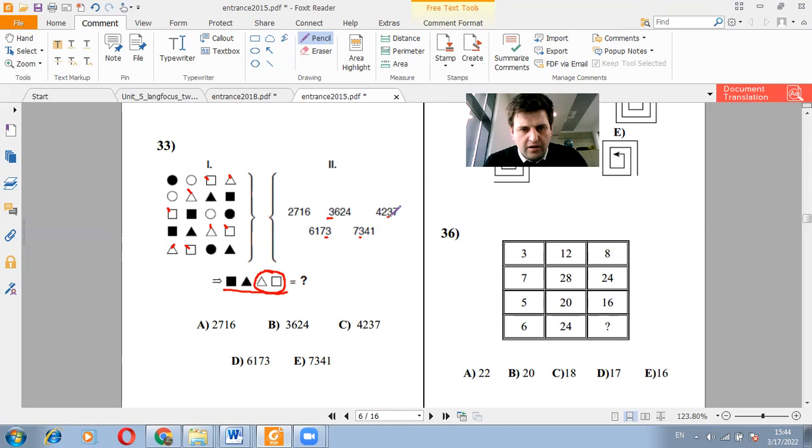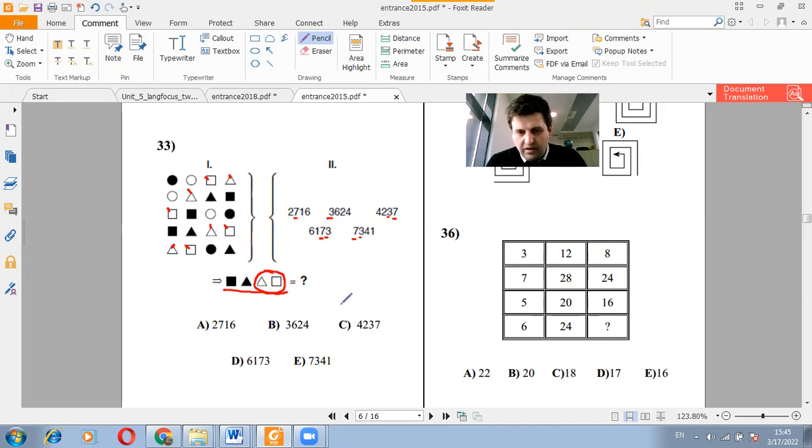And number 4? Number 4 repeats itself 1, 2, no, it's not 4. It's actually 7. Okay. Number 3 and number 7 repeat themselves 4 times. So one of them is a triangle and one of them is a square.